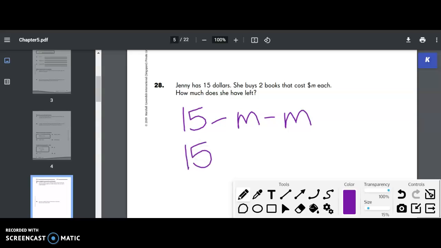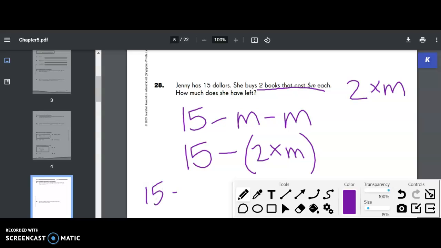Or we could say, the books cost M each, so if she's buying 2 of them, that's 2 times M. So we need to do 15 take away 2 times M. Or we could just write 15 minus 2M, because we know we need to multiply before we subtract anyway. So I don't actually have to put that in parentheses. But to be more clear, I can put it in parentheses.